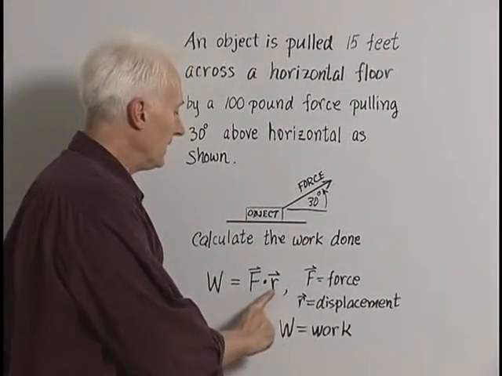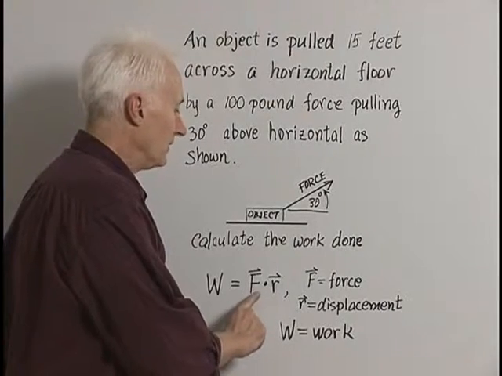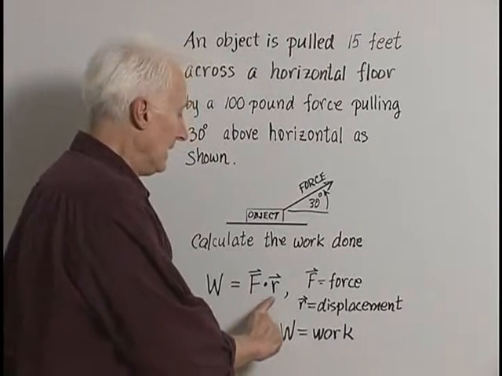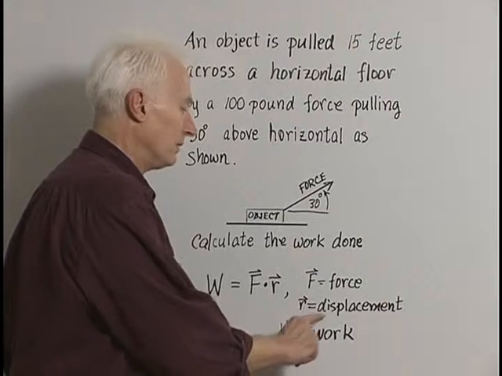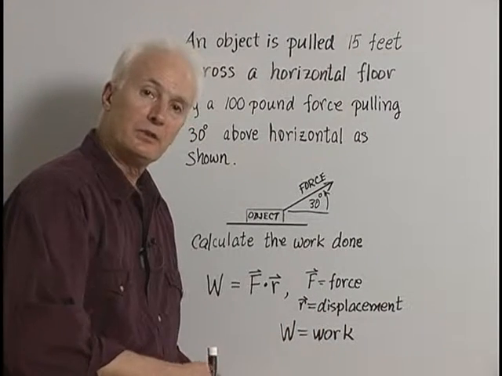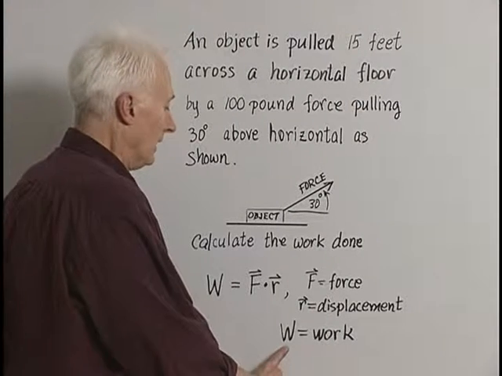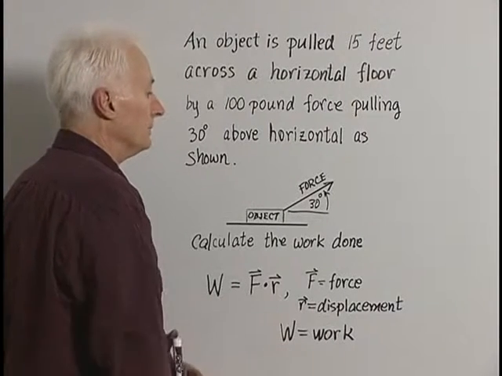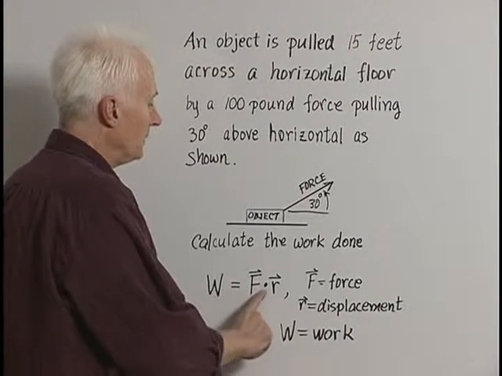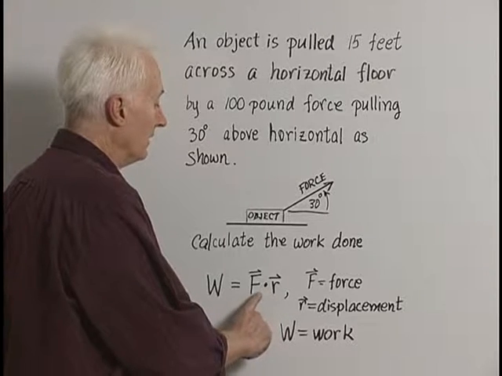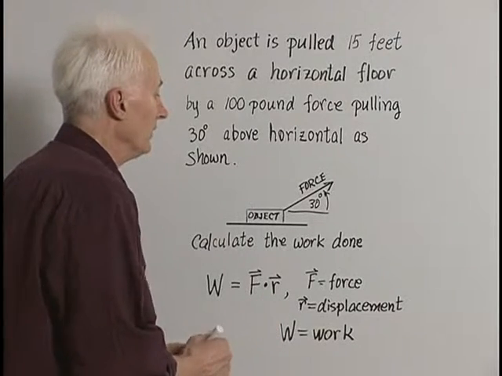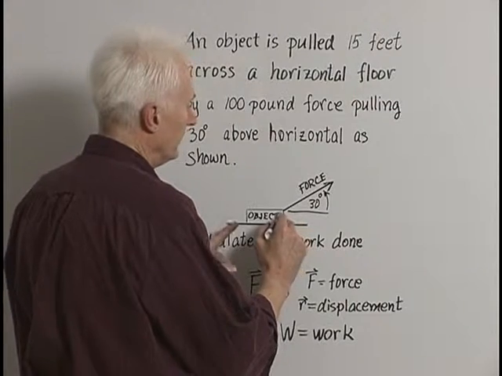W equals F dot R, where F is the force that's applied and R is the displacement. That's the amount that you move as you apply the force. And W here, of course, is the work. So all we have to do is calculate the dot product of the force and the displacement. Well, where is the displacement in this picture?